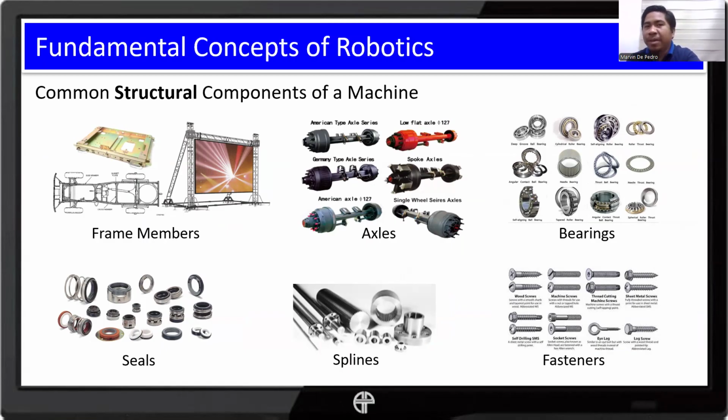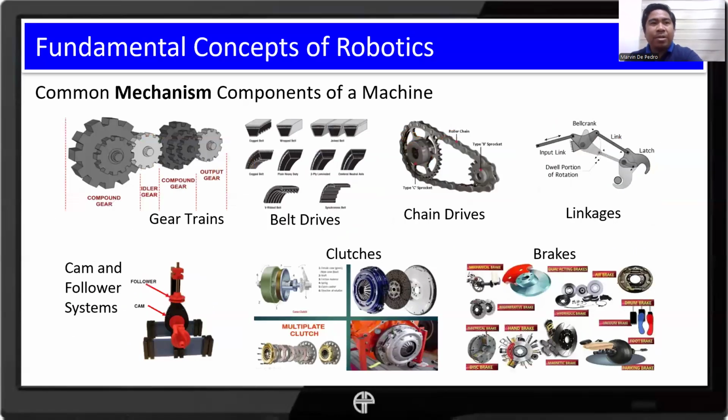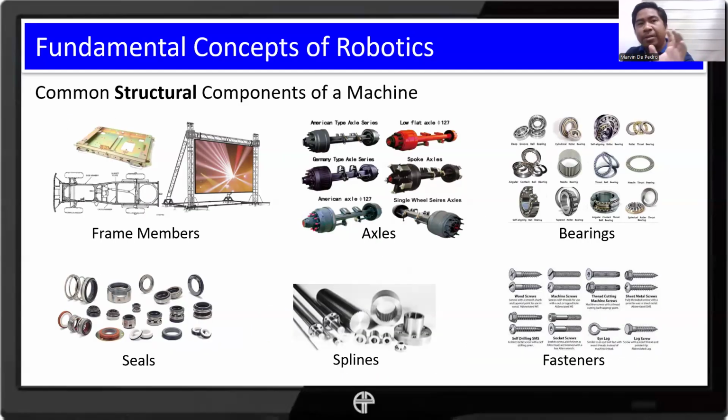Before we go to that part, take note that a machine has structural components. Structural could be a frame member, axles, bearings, seals, splines, fasteners, whatever holds things together and forms the body of your robot. Of course, we also have the common mechanism components of a robot. The structural components are meant to put our different components together or in place.